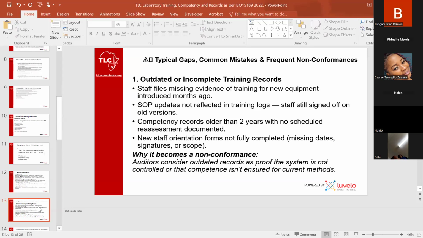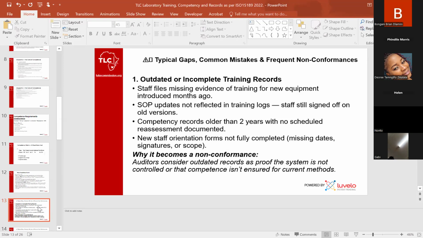SOP updates not reflected in training logs, staff still signed off on old versions. They love to catch you on that. Competency records older than 2 years with no scheduled reassessment documented. Competency has to be a minimum of each year. For high-risk cases, obviously you will do competency more often.